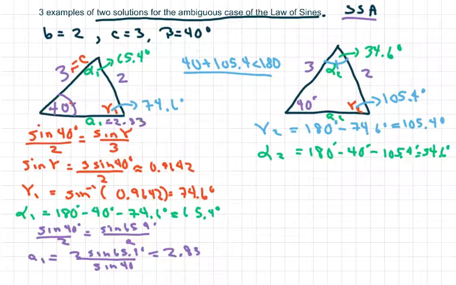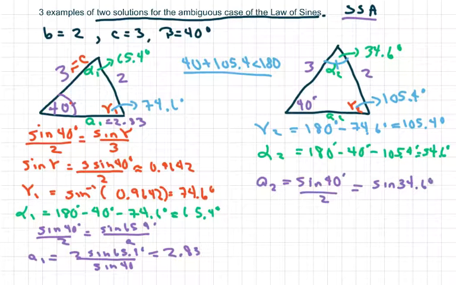And for this side, your A2 is going to be the same thing: sine of 40 degrees over 2 equals sine of 34.6 degrees over your A2.